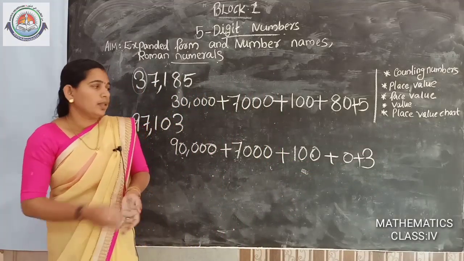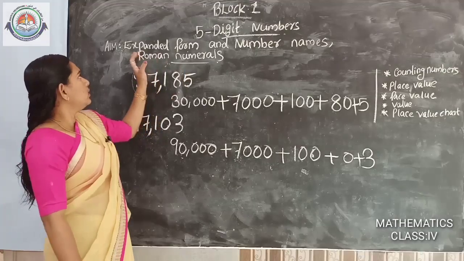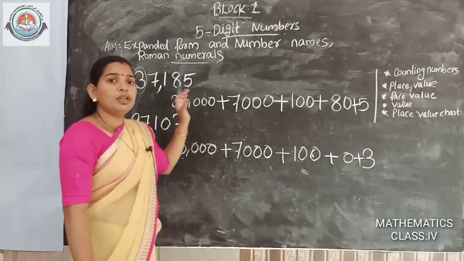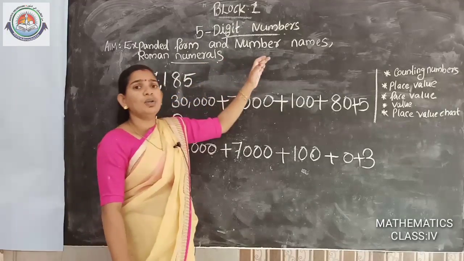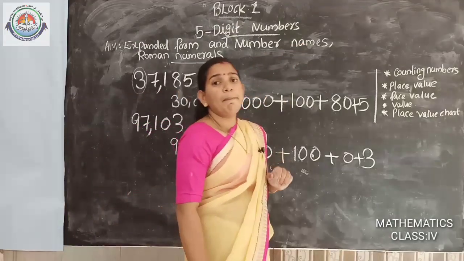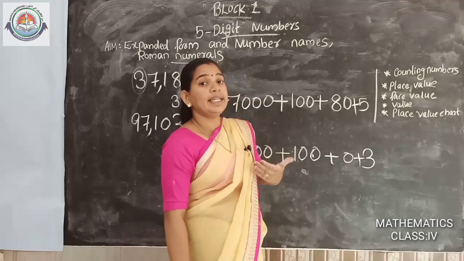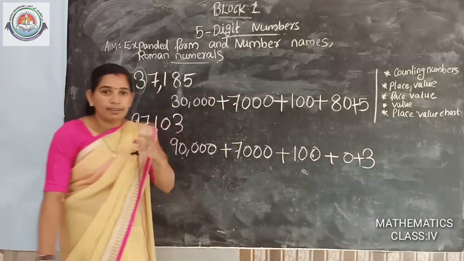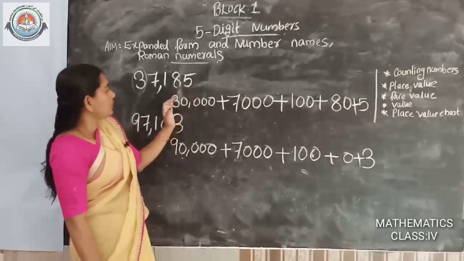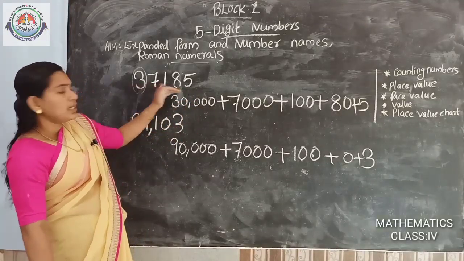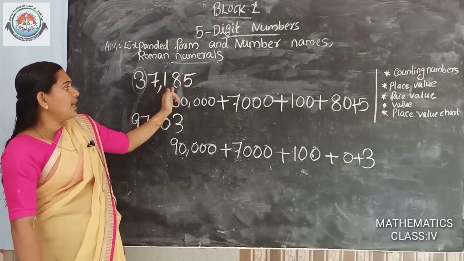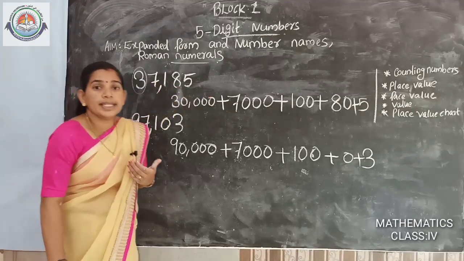Okay. Then we have studied how to expand the given numbers. Next we want to learn how to give the names, the number names. How to find the number names. Okay, we will check it. Here we look at the first number, 37185. How do we read these numbers?